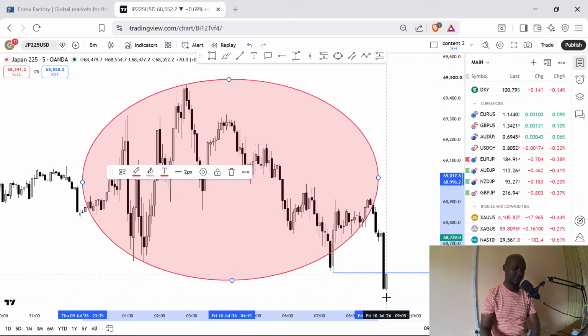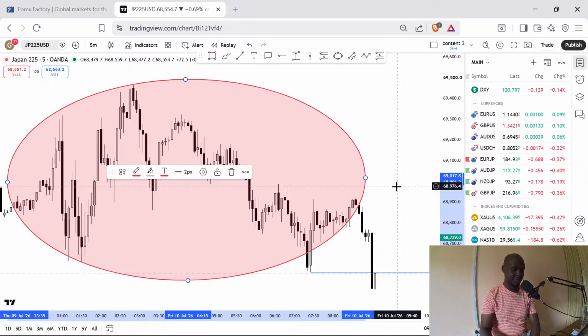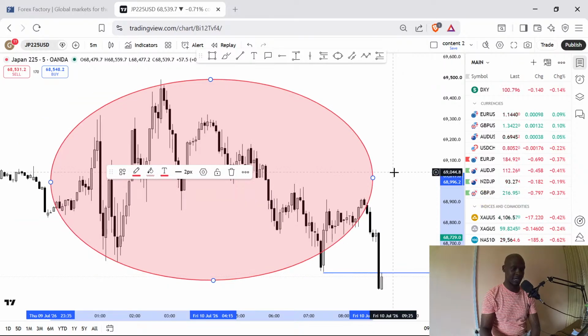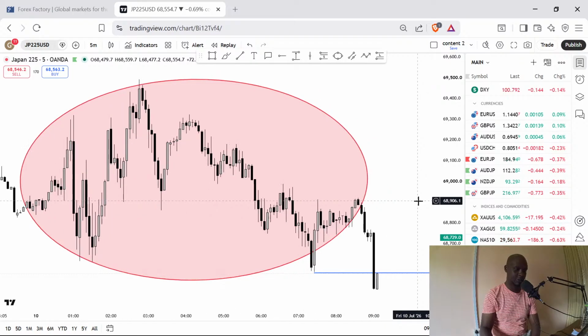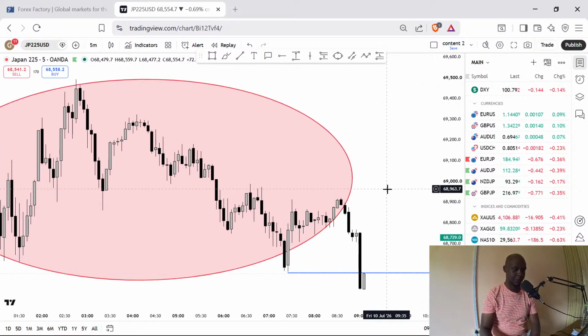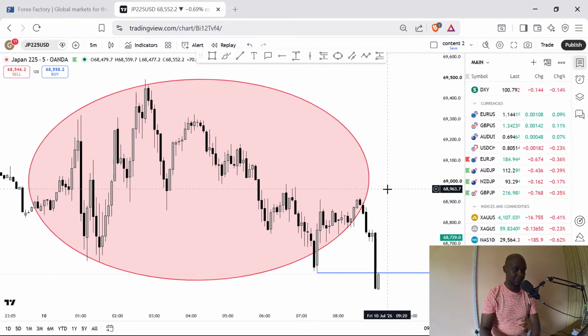So if this candle closes bearish with strong momentum like this, or even half of this candle, then I'll be looking to see if I can take short entries to the downside. But for now, it's all about being a little bit patient. I'll just mark this out as a pair I have to have a watch on, to see if we can get any confirmation candle to take prices lower.